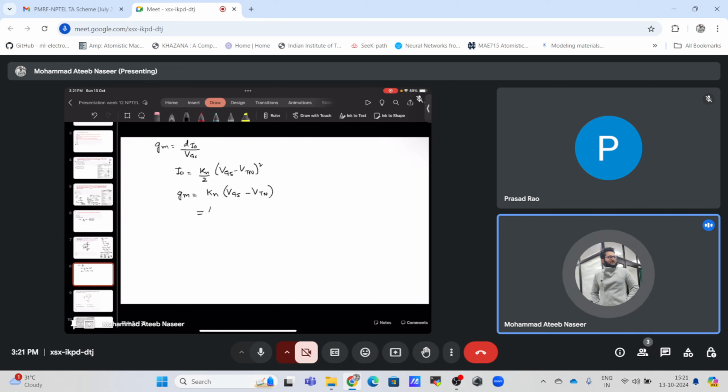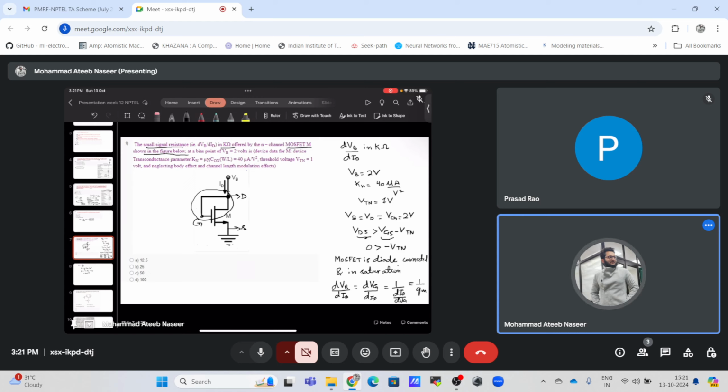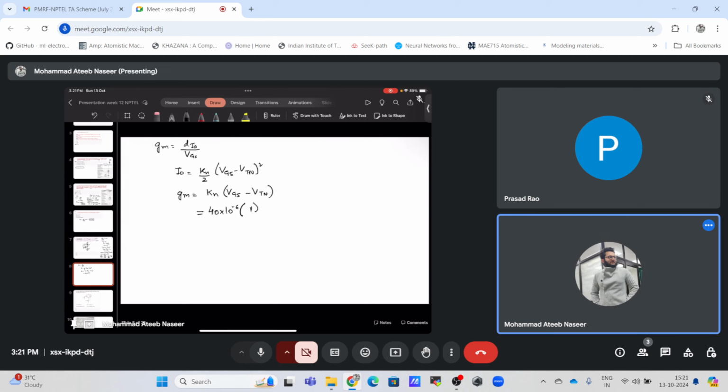Kn was 40 micro, VGS is 2 volts, and VTN is 1 volt. So dVb by dId is 1 by Gm, which is 10 to the power of 6 by 40. So 1000 divided by 40 is 25. So it's 25 kilo ohms.